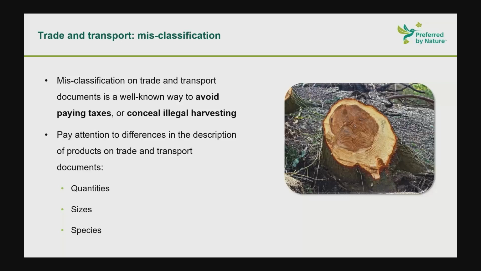So not declaring the right species, not declaring the right volumes on trade and transport documents is quite a well-documented way of avoiding legal requirements. So that's also why it's quite important to pay attention to differences in those descriptions on trade and transport documents that you are receiving.